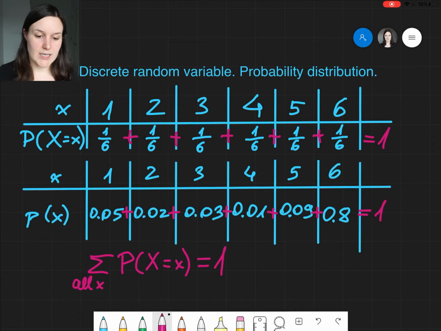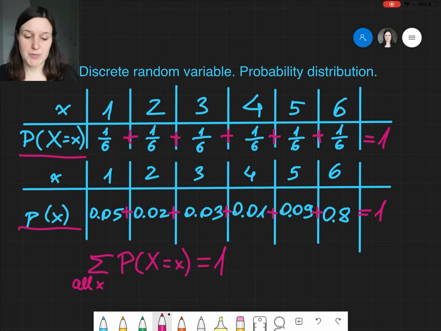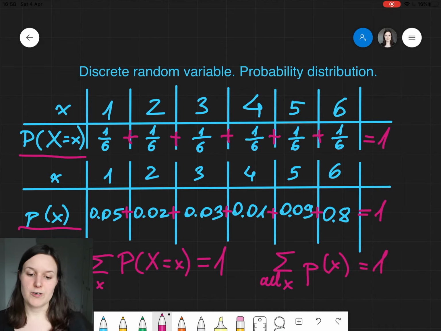In this formula I used the notation for probability from the first table. I could also use the second notation, simply p of x, and write that the sum over all x of the probabilities is 1. Either way, if you add all the probabilities together, you will get 1.